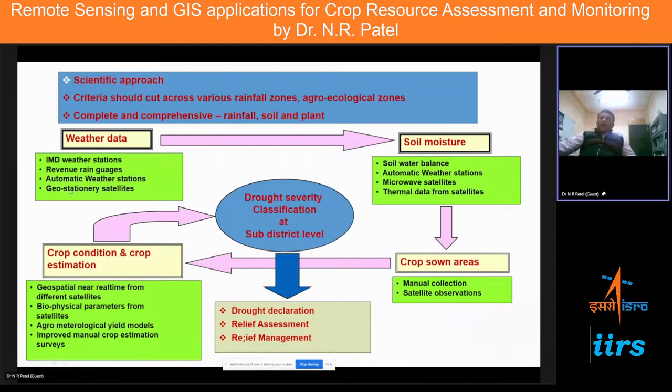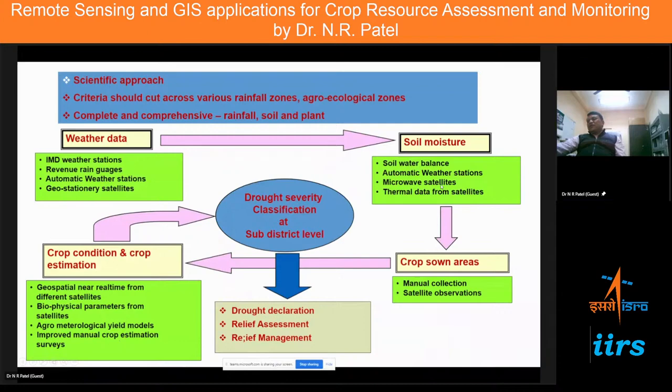For rainfall and weather-related observation, there are geostationary satellites, rain gauges, India Meteorological Department observatory data, and automatic weather stations. Because agriculture drought means inadequacy of soil moisture in the root zone, we need to monitor fluctuation in the soil moisture, and that is possible with the soil water balance technique and in situ measurement.